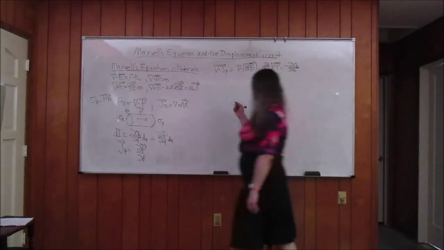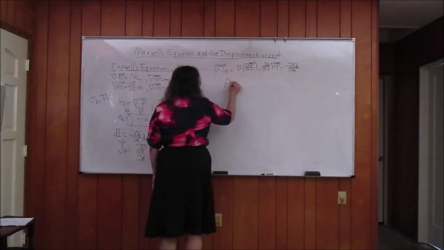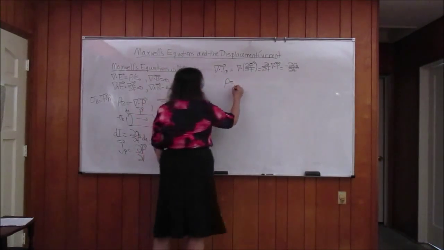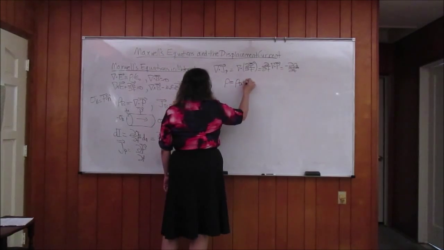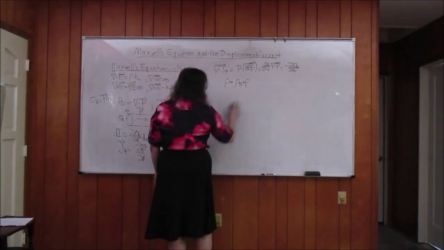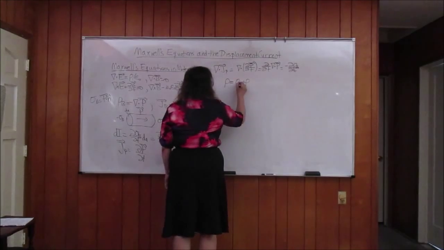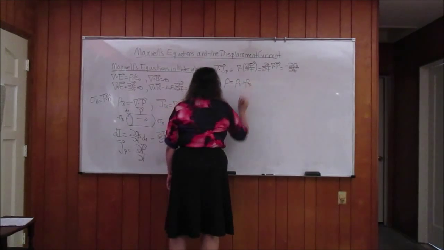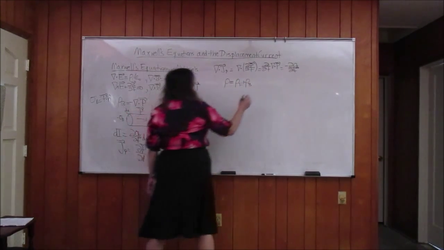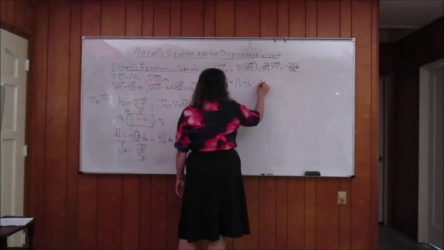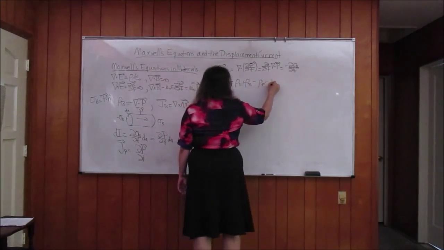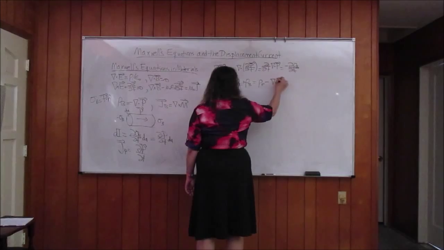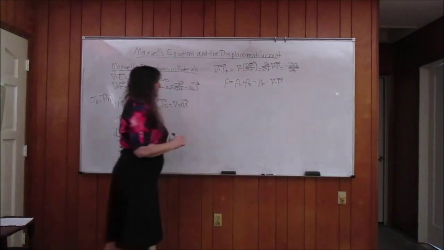Okay, so total charge is equal to the free charge and bound charge, and that is equal to rho F minus the divergence of the polarization.